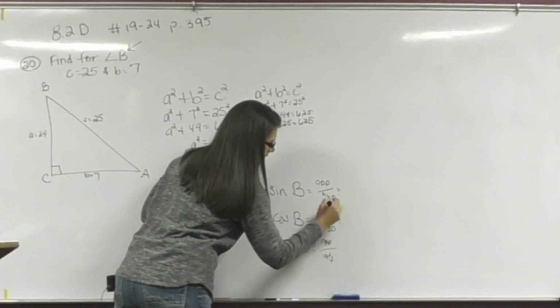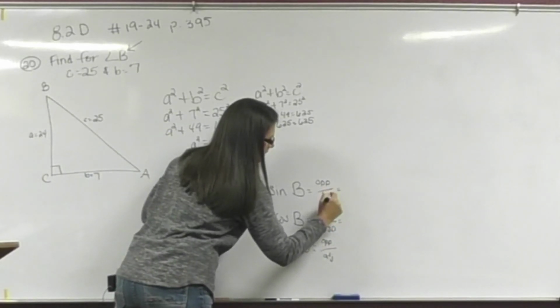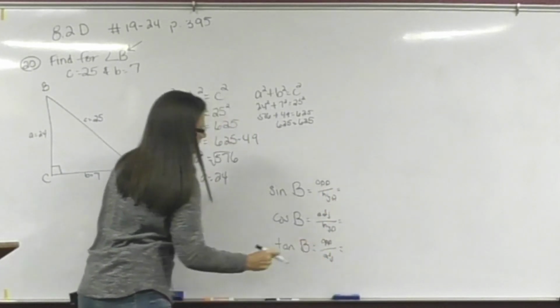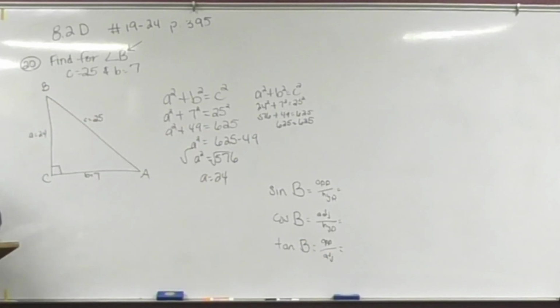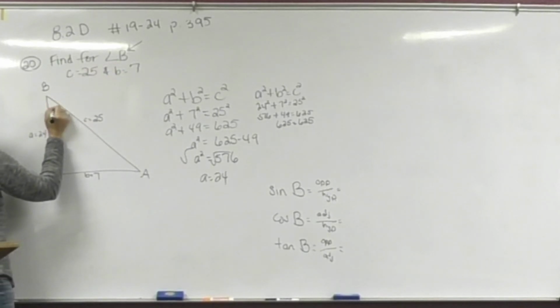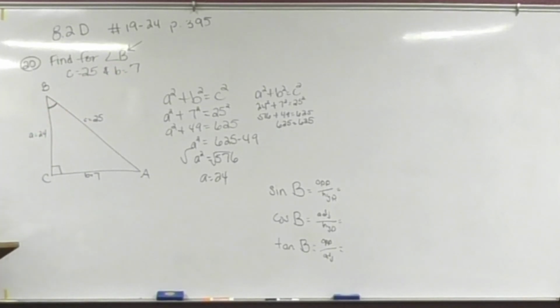Now all we have to do is plug these numbers in. So we come up here and find our reference angle. In this problem, we're finding it for angle B, so that's right here. Now we're looking for opposite, adjacent, and hypotenuse in relation to angle B.